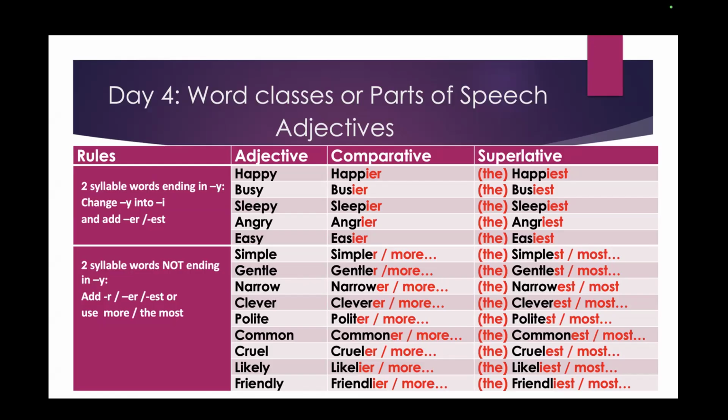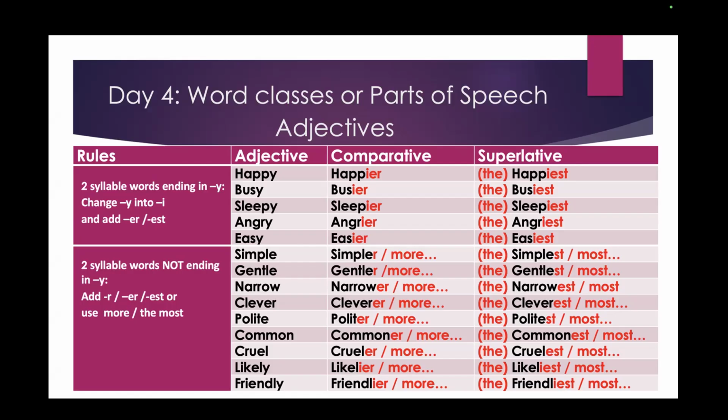And when we use more, we don't say more simpler. So we say more simple, so as the adjective in its original form. So polite, politer, the more polite, or politest and the most polite. So we don't say the most politest, we say the most polite.